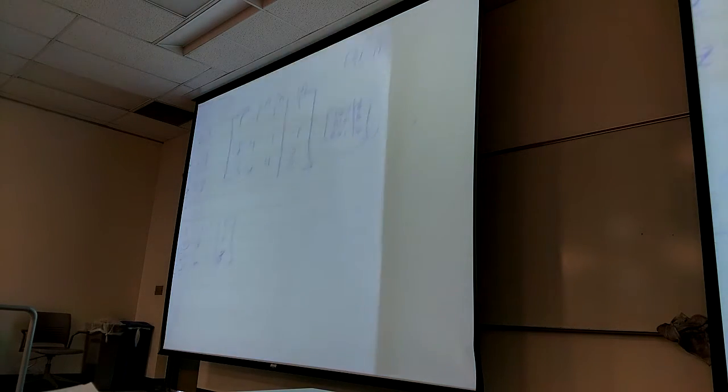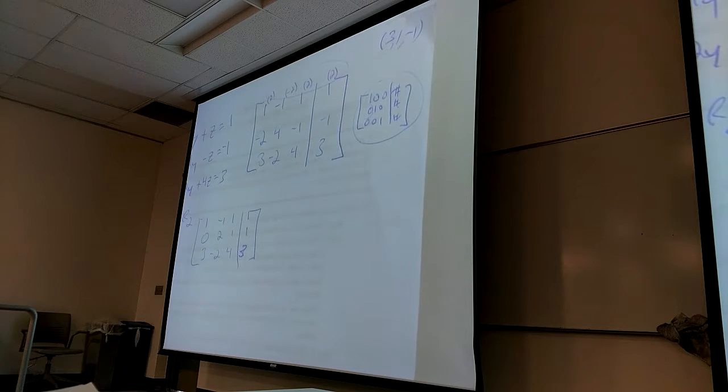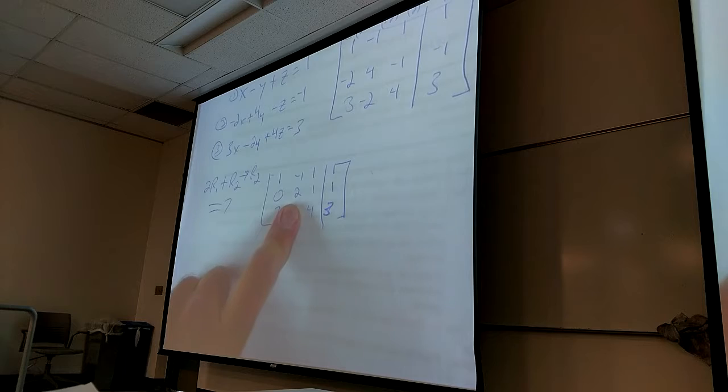Yes? So when you add the first row and the second row, and then you put the new equation where the second row was, does that original second row just disappear? Yeah. The original equation? You don't need the original. I only keep track in the matrix of the best equations.